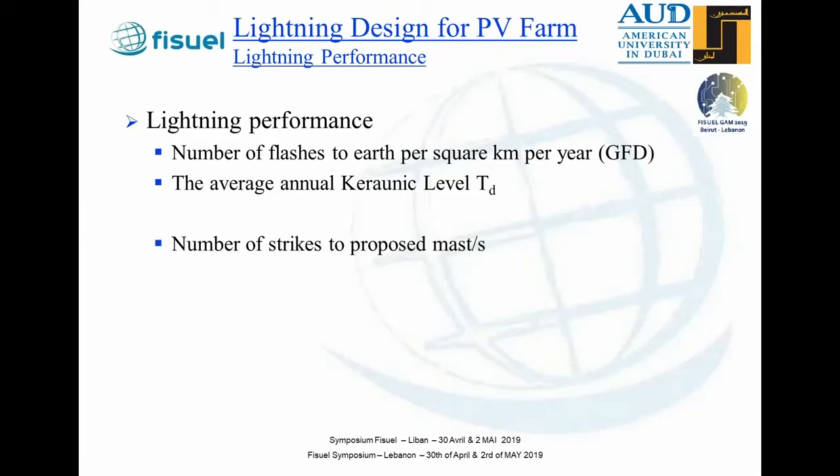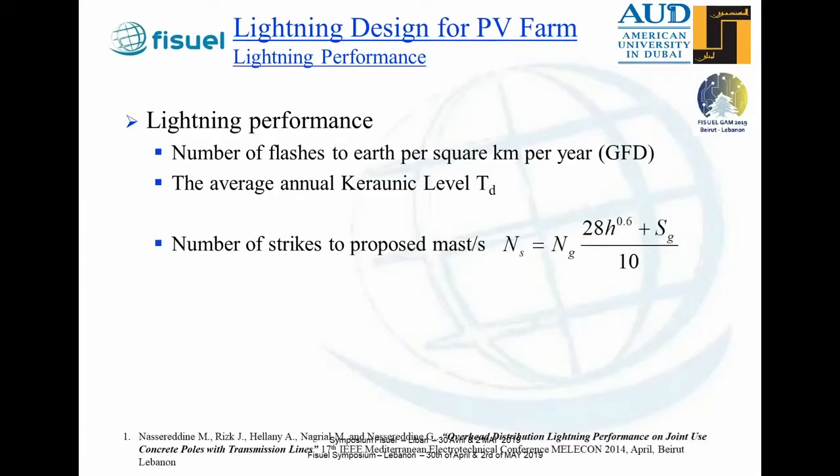After you determine this, you need to get the number of strikes for the proposed mast. NG represents the ground flash density. SG is the separation between masts. If you have one mast, this will be 0. And you will have the height, H, of the mast that you propose.